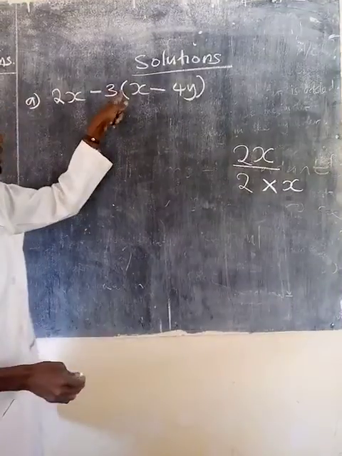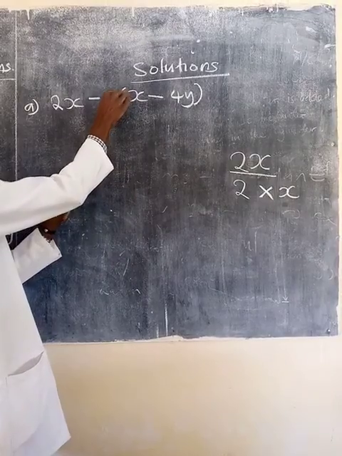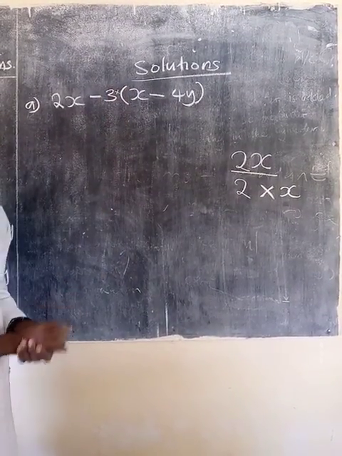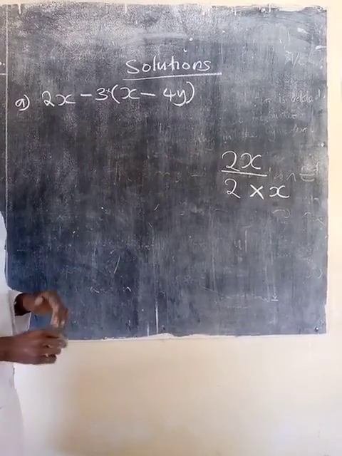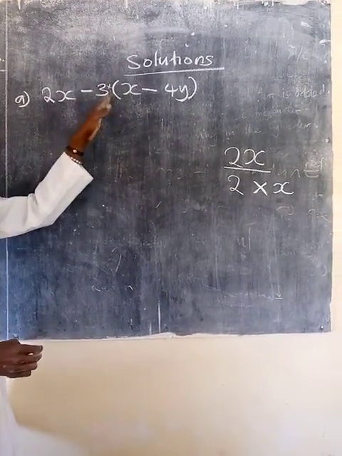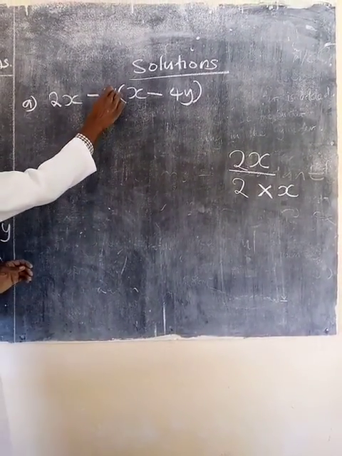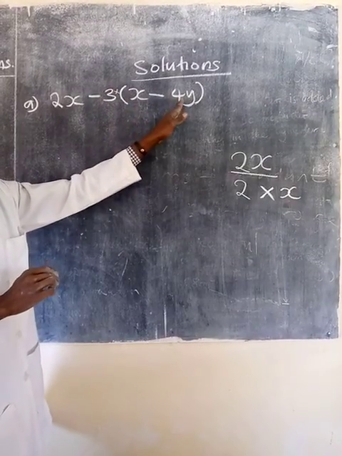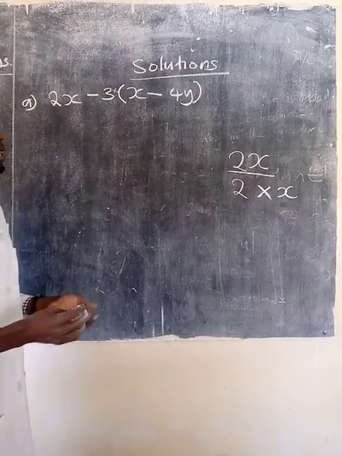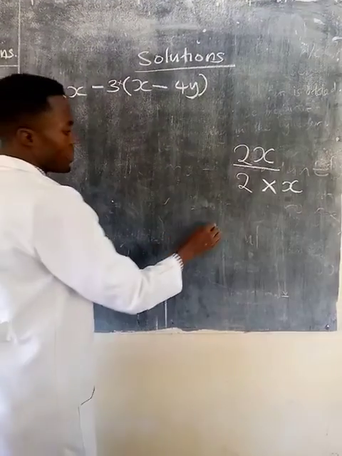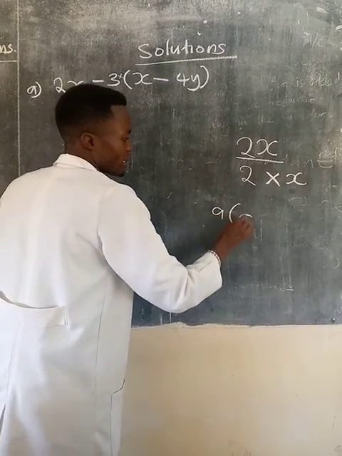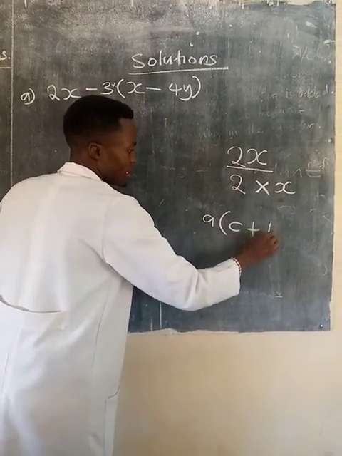Even in this case, there is no operation indicated there. It means we are multiplying. So you have to put that into consideration. It's very, very important. So if this is a multiplication, how do I open up these brackets? If you have a number, let's say this is a, then c plus d.